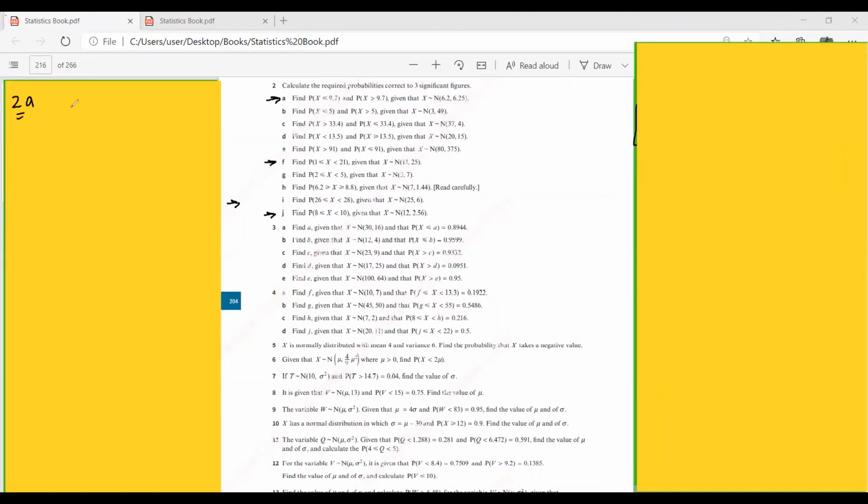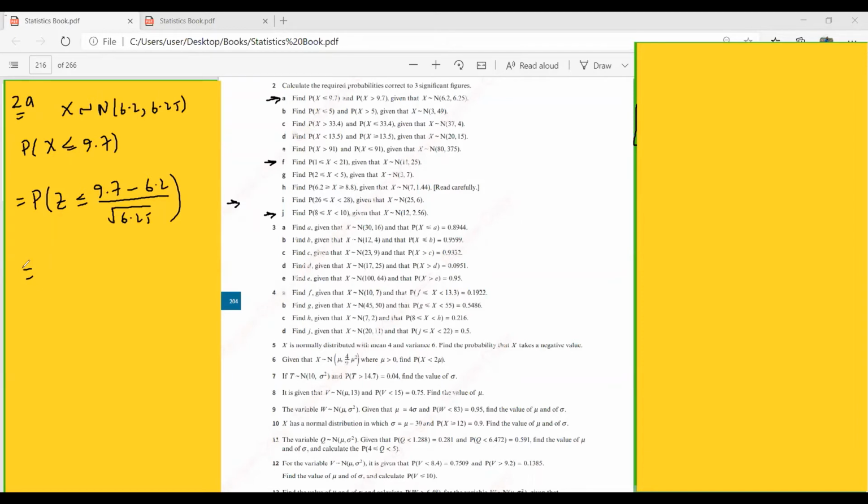We are given X is normally distributed with mean 6.2 and 6.25 is the variance. We have to find the probability that X is less than or equal to 9.7. So we say this is the probability Z is less than or equal to 9.7 minus mu over the standard deviation, which is the square root of 6.25.